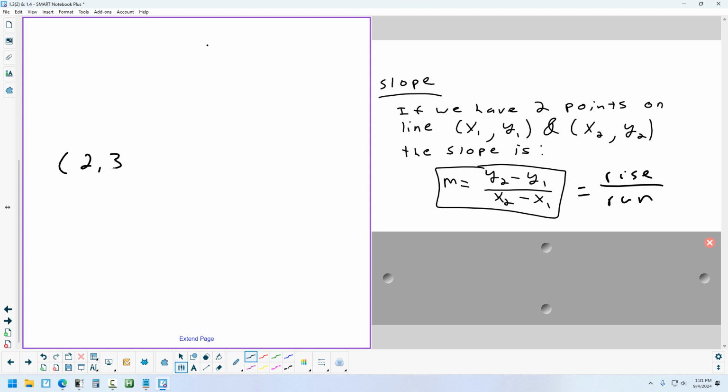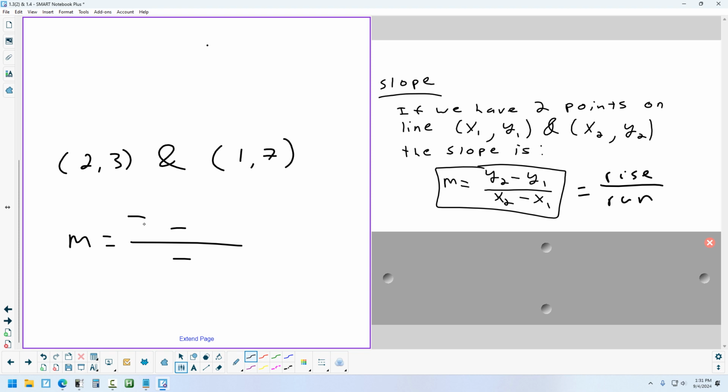So you had 2, 3, and somebody else pick a different coordinate. 1, 7? Okay. So if I wanted to find the slope that goes through those 2 points, what's y2? 7.